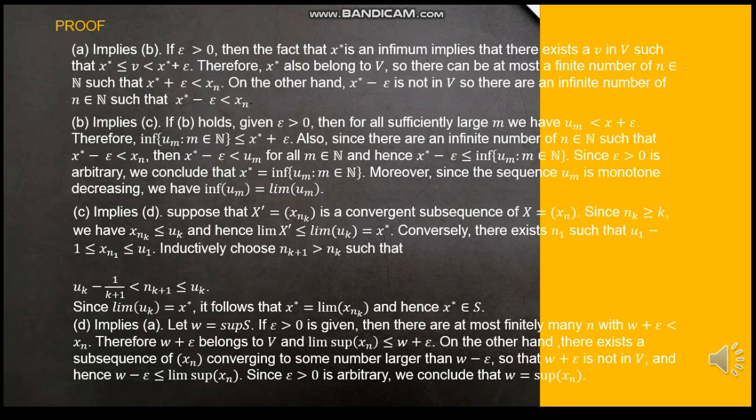On the other hand, there exists a subsequence of xn converging to some number larger than W minus epsilon, so that W minus epsilon is not in big V, and hence W minus epsilon less than or equals limit supremum xn. Since epsilon greater than 0 is arbitrary, we conclude that W equals limit supremum xn.